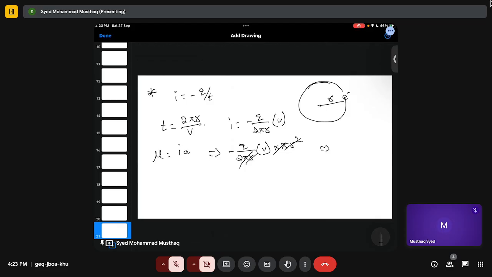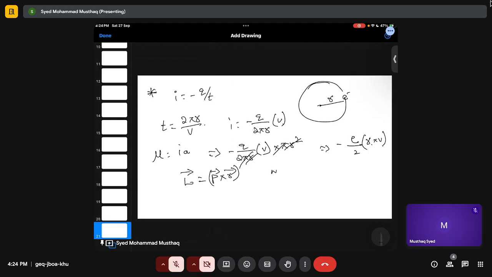Then we remain with minus q by 2 times r times v, and we all know what r cross v is, r cross v, okay. That is angular momentum. What is angular momentum? Angular momentum is nothing but the distance r cross the linear momentum, cross product. Okay.